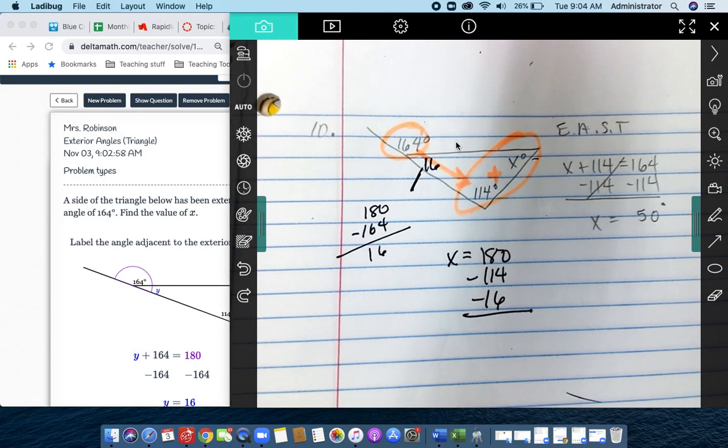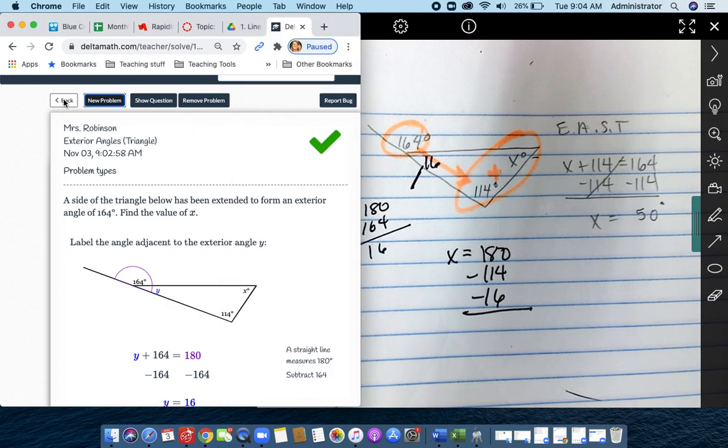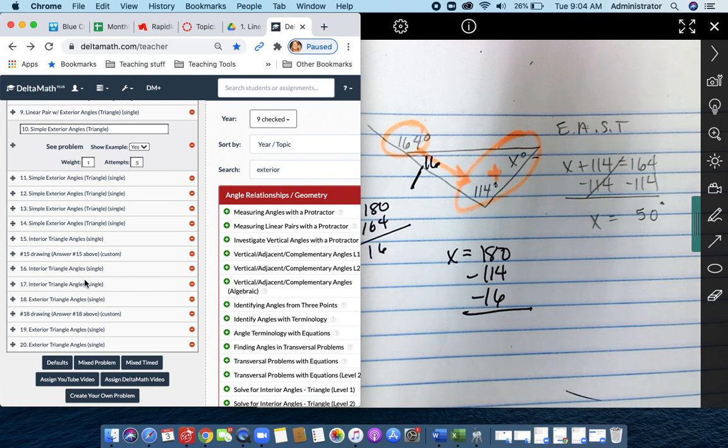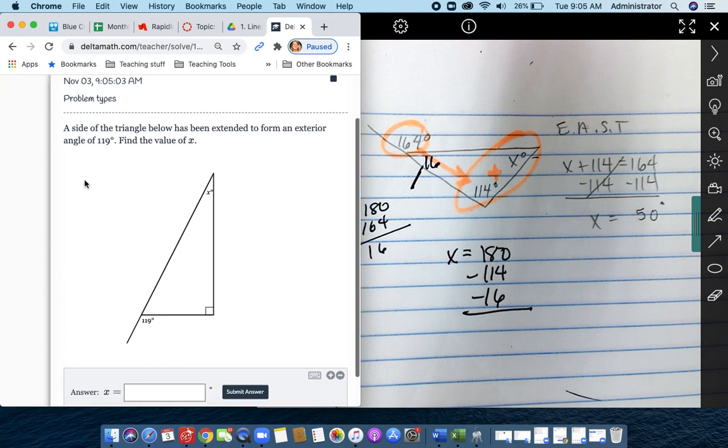So write that down, and you'll use that to help you with your next couple of problems. Let me see what I got here. So that'll be similar. Your exterior angle is equal to the sum of the two remote interior angles. So 119 equals 90 plus x.